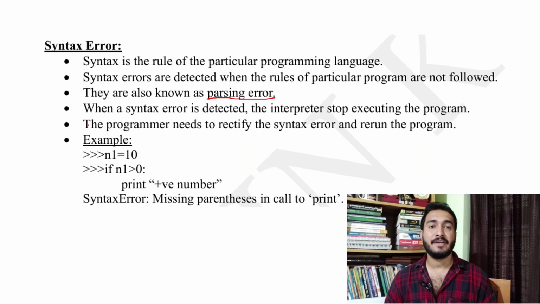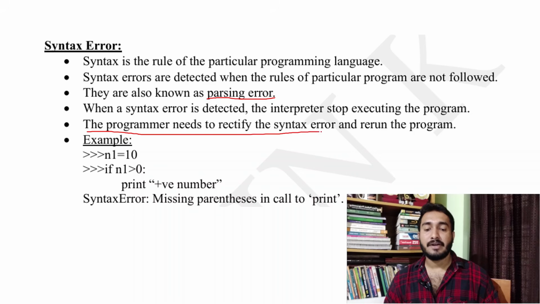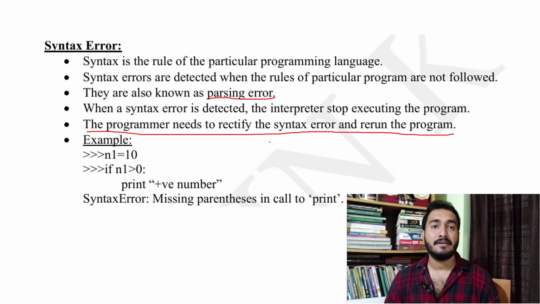When it finds a line, for example, if 10th line of the code has an error, so the interpreter will stop executing there, it will show the error. It won't go for the 11th line. The programmer needs to rectify the syntax error and rewrite the program. If there is any error in the 5th line, the programmer has to rectify that error, then only the 6th line can be interpreted or executed.